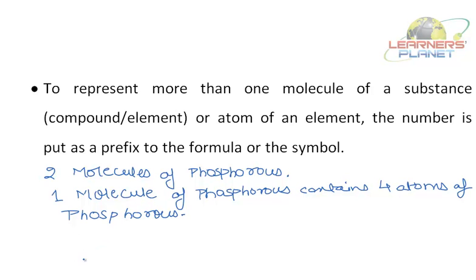Right? So, first of all, you will represent 1 molecule of phosphorus. What is the symbol of phosphorus? It's P. How many atoms of phosphorus are there in 1 molecule? 4. Now you have to represent 2 molecules. So put a 2 over here. Right?